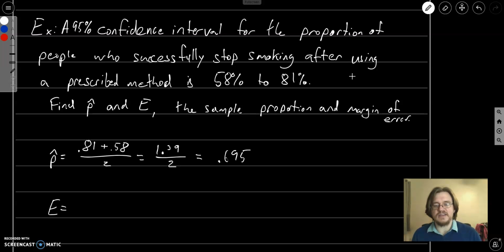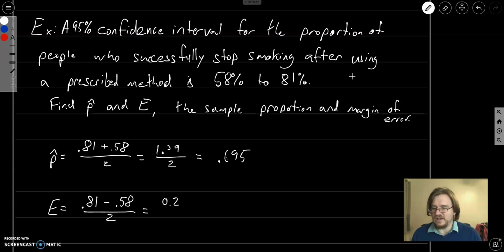Whereas the margin of error is going to be half of the length of the confidence interval. So we just need to find the length of the confidence interval, which will be 0.81 minus 0.58, and we'll divide that by 2. When we subtract these, we'll get 0.23.